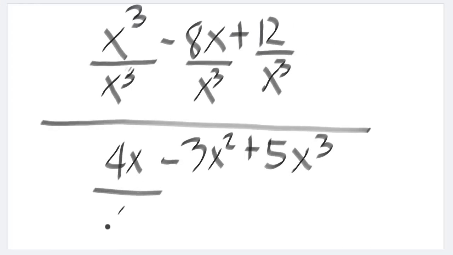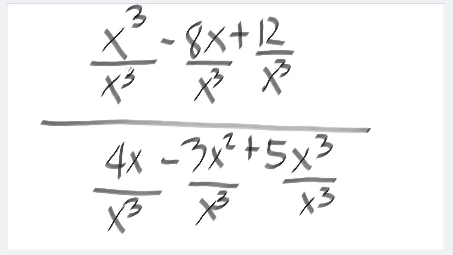Again, divide it by x cubed. In algebra, x cubed over x cubed becomes 1, 5x cubed over x cubed leaves just 5, 3x squared over x cubed cancels and becomes 3 over x, and 4x over x cubed becomes 4 over x squared.